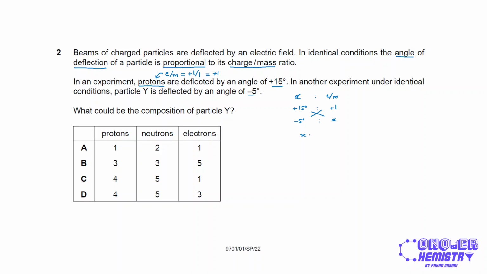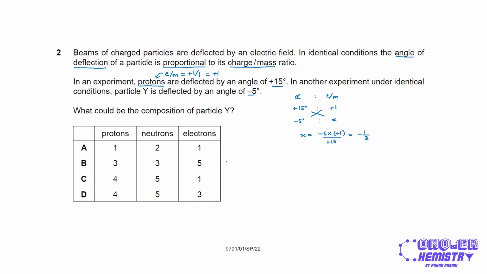And so X turns out to be -5 times +1 divided by +15. So this turns out to be -1/3. So this is my charge to mass ratio.